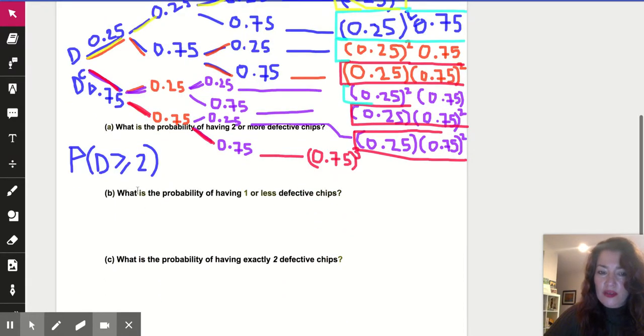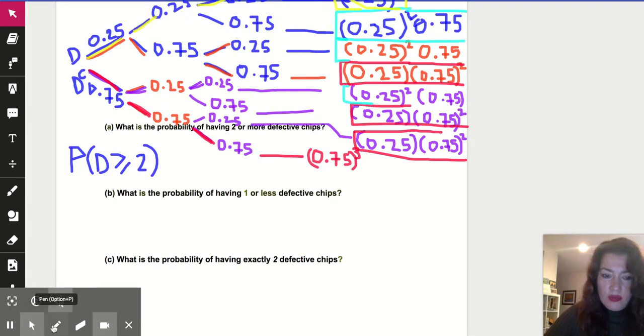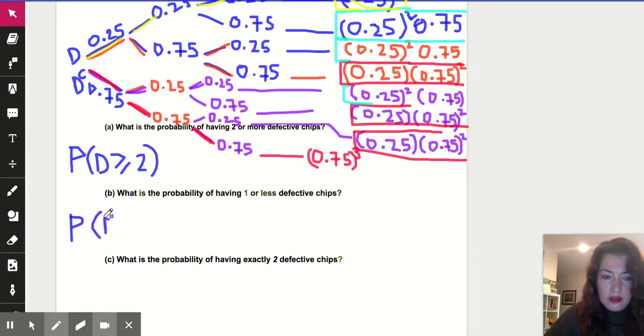So go ahead and enter that into your calculator and see what that would be. What is the probability of having 1 or less defective chips? That would mean you would enter the probability of D less than or equal to 1. So that means 1 and 0.